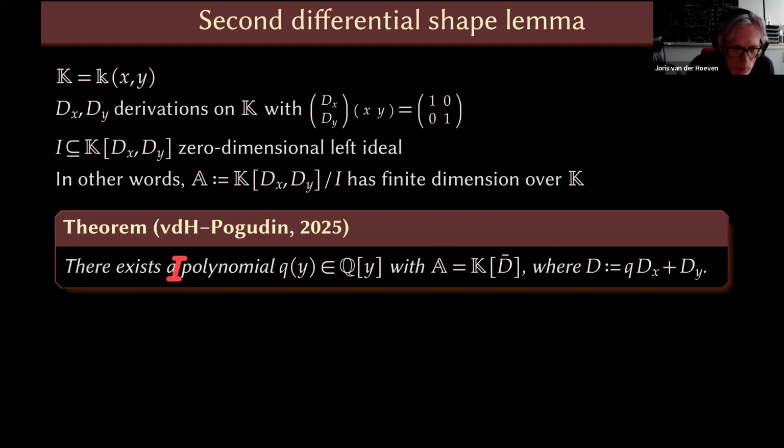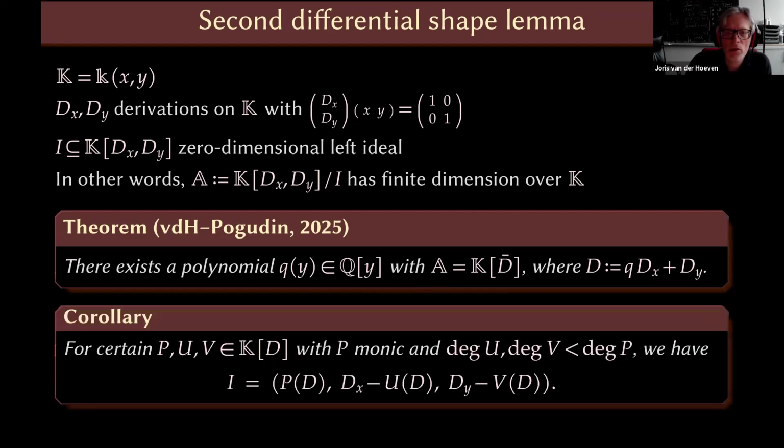Okay, what is going on? So basically, if we take D's projection modulo I, this projection D bar and the powers of D bar generate A as a K vector space.